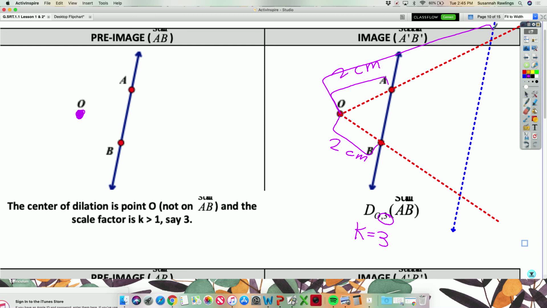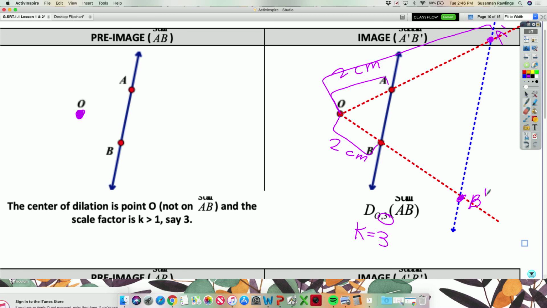Okay, so from that point, you should have measured a point up here and labeled that A prime. You should have measured 6 centimeters here, mark that as B prime, and then you can go ahead and connect A prime to B prime to create your new line.